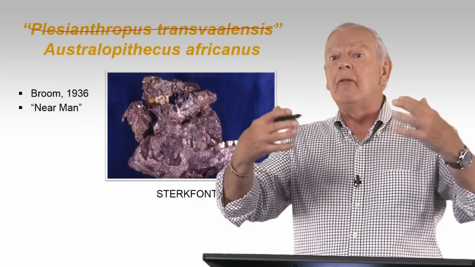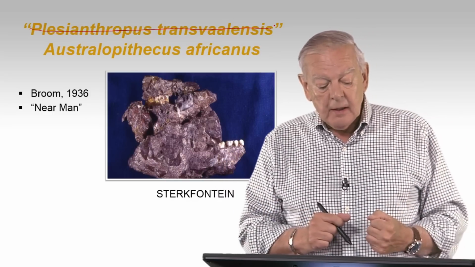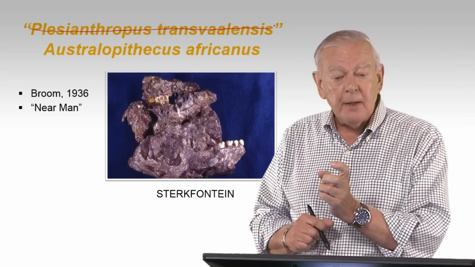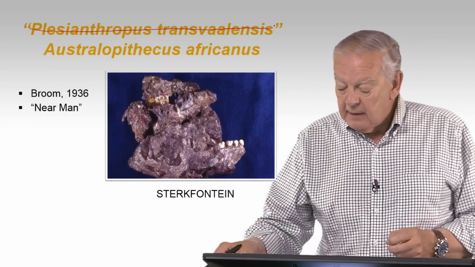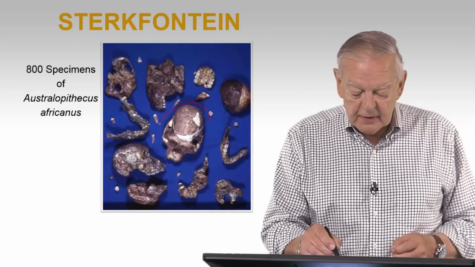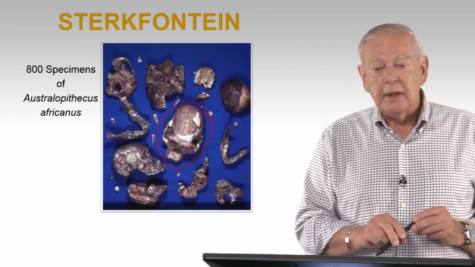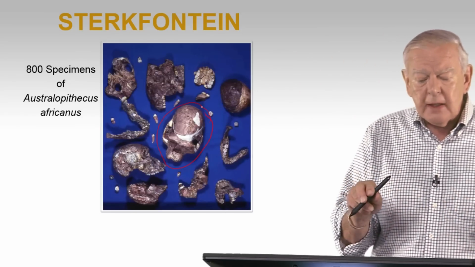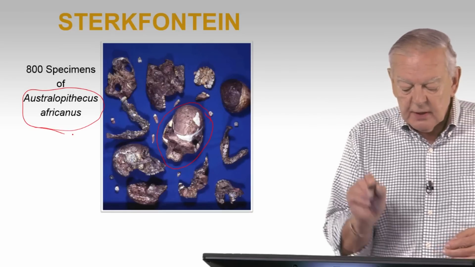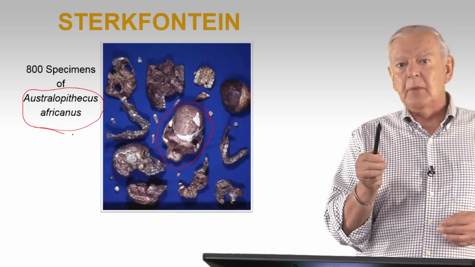These are adult forms of the Taung baby. And he called it Plesianthropus, which means near man, and that's why certain fossils are called, like this skull, which is Mrs. Ples. That's where the name Ples comes from, when he called it Plesianthropus. But all of these, close to 1,000 probably now, are all placed in that particular genus and species, Australopithecus africanus.